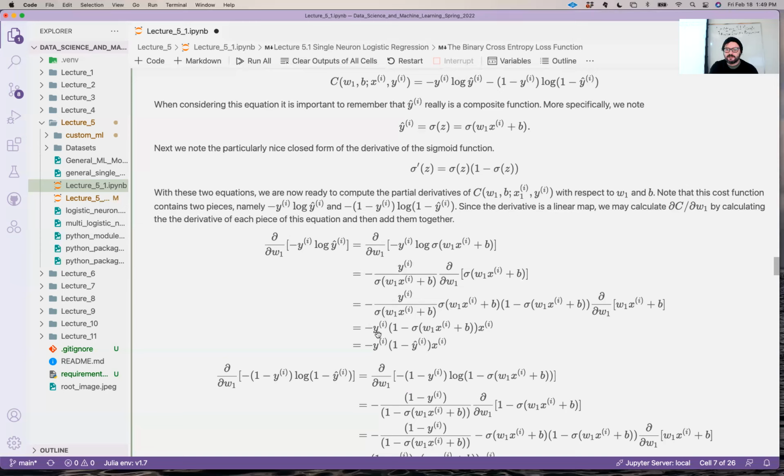You're left with negative yi times 1 minus sigmoid times xi. So this is what that piece becomes.